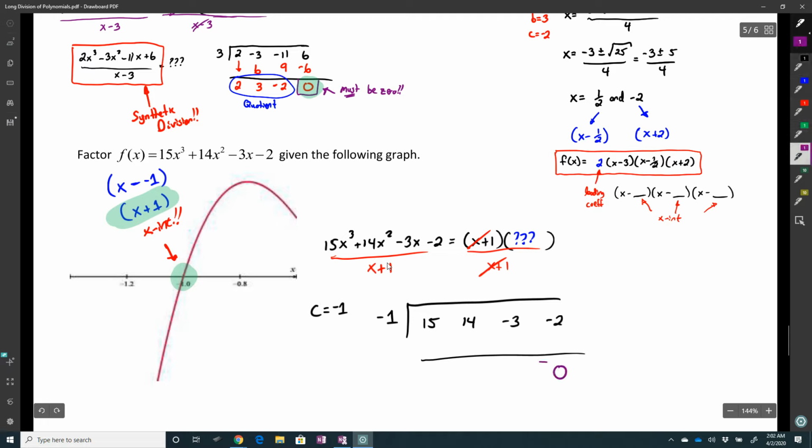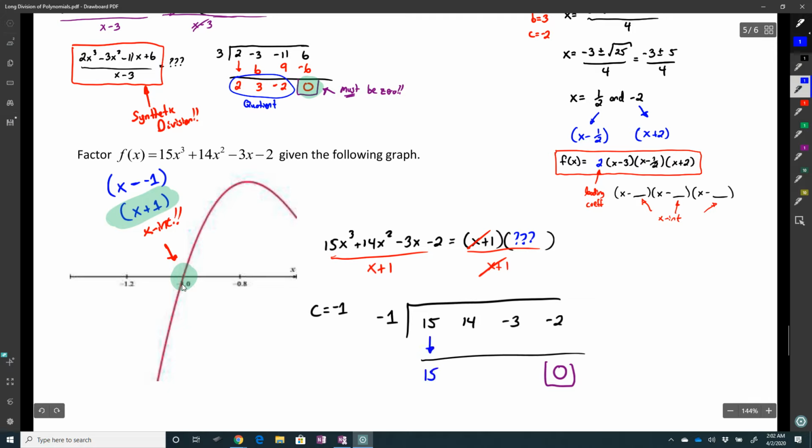Now I know I have to get 0 at the end because it's an x-intercept. It has to work out. If not, it means that either you messed up or I lied to you. That actually happened once where I had a typo in my problem, and I had many confused students.